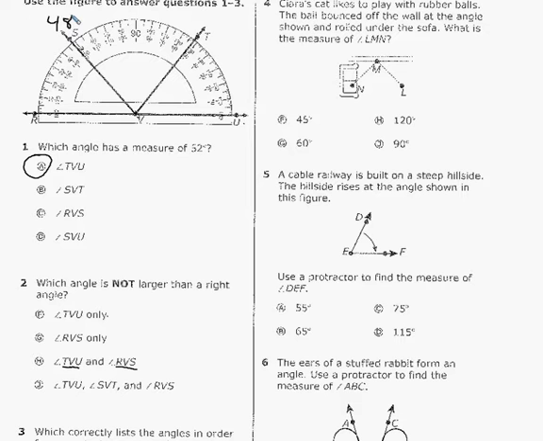I'm sorry, yeah, 128. So I'm going to check to see if angle RVT is also an acute angle. So I take 128 and subtract 48 from it. 8 from 8 is 0. And 4 from 12, that's 6, 7, 8. So this angle right here is also an 80-degree angle.